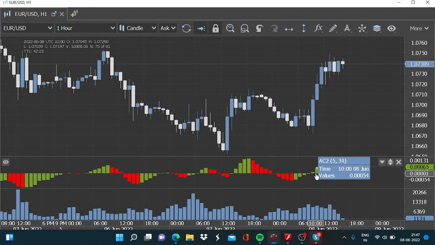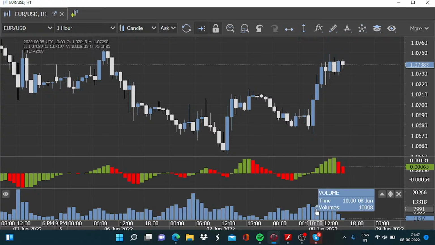So for that, we will consider the last hour's acceleration deceleration output value to be at least twice the prior hour's output. And only if that is the case, we will go ahead for the trade, and then we will consider the output values of the volume data. And here also the volume should be on the rise, so the volume output should also double, and only if that is the case, we will go ahead for the trade.